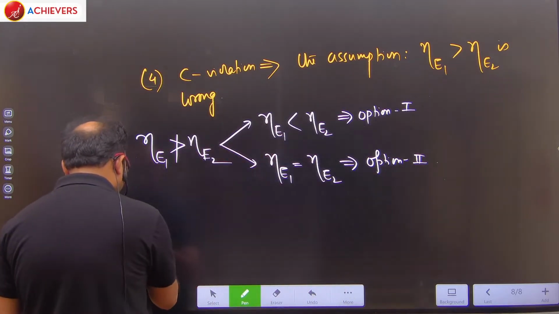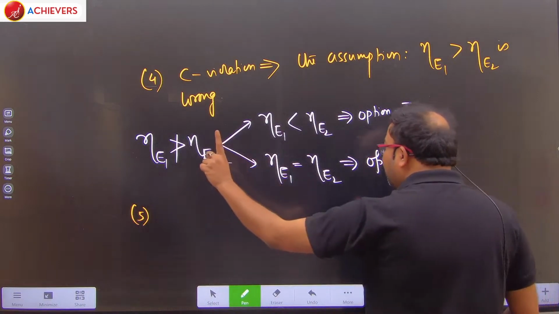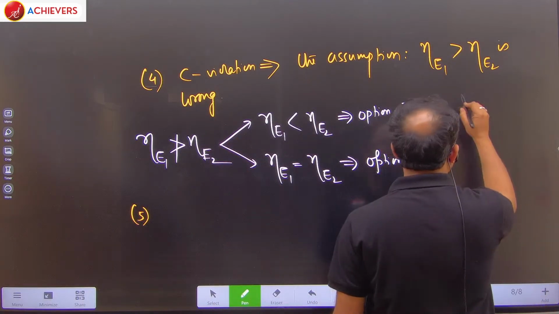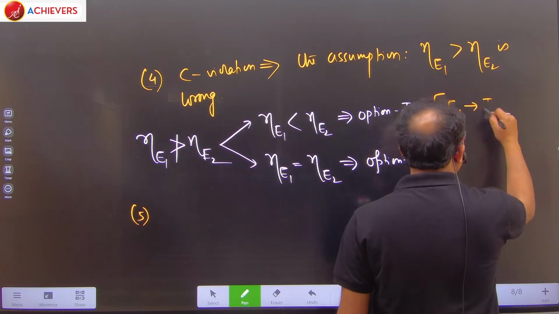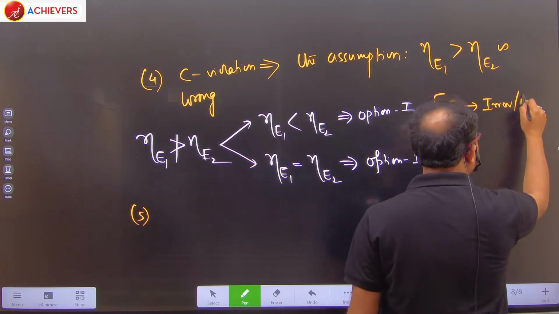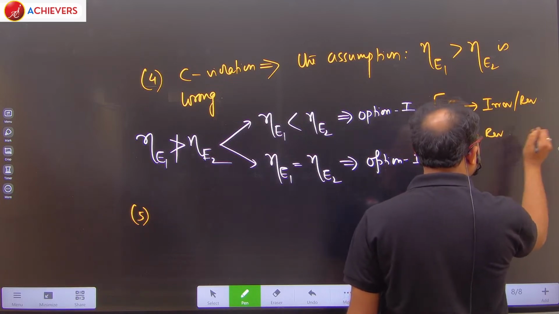Now, let us move on to point number 5. We already know that E1 is either irreversible or reversible, and E2 is always reversible.